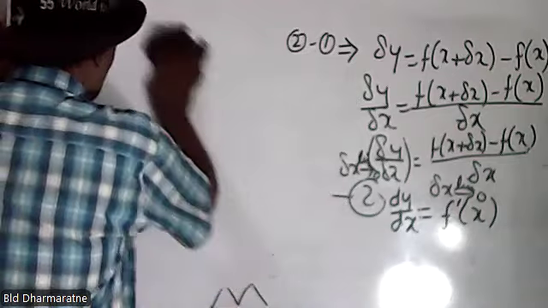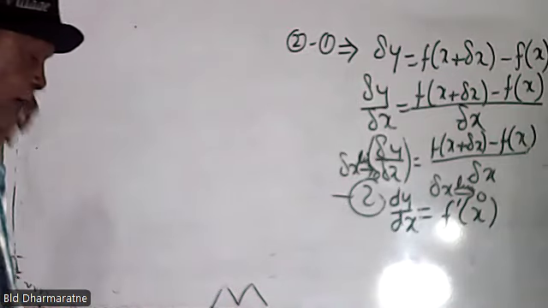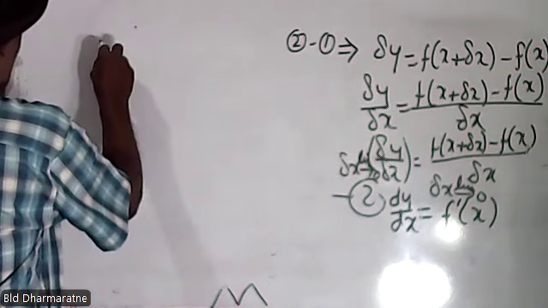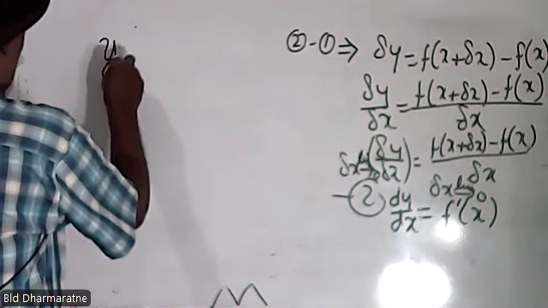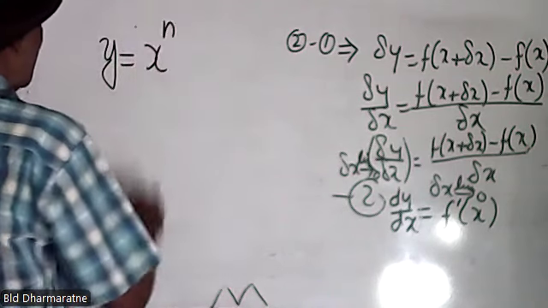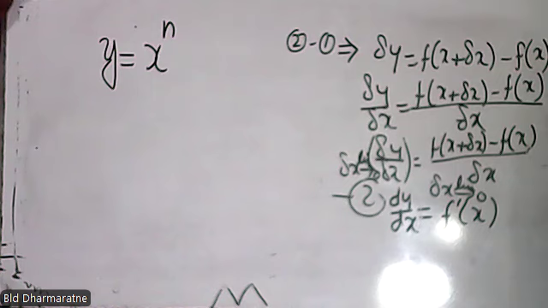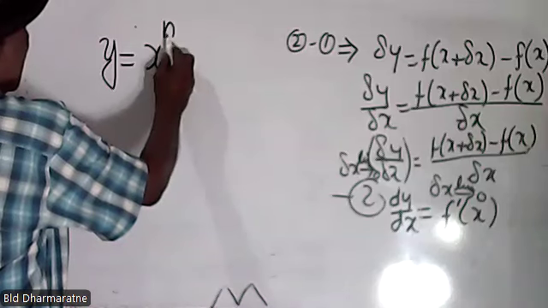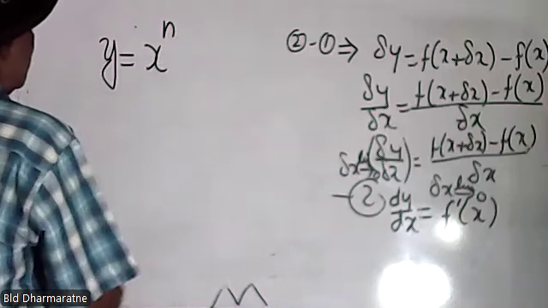Any power of the function we are taking: y equals x to the power of n. n can be rational or an integer, positive or negative, or zero, or a rational value.